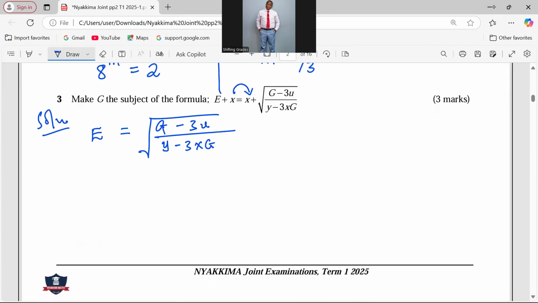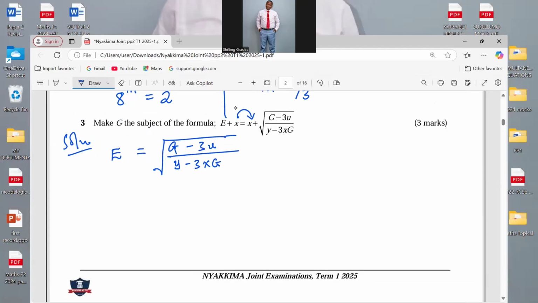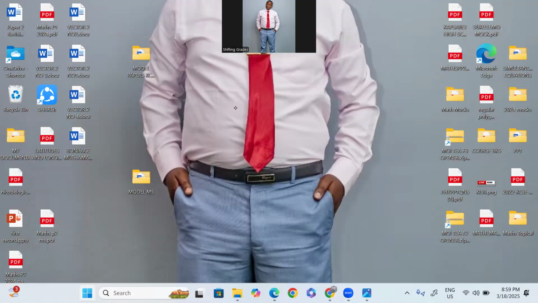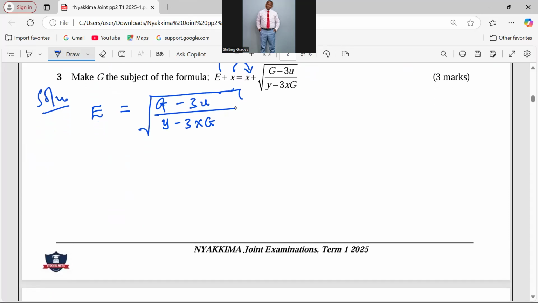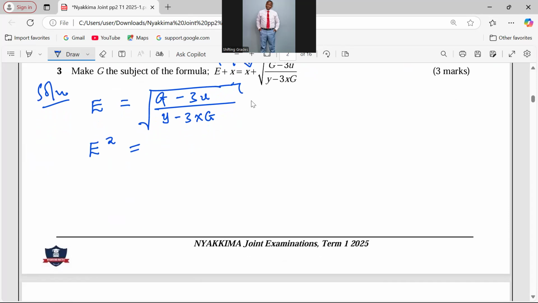At this point now, allow me to just square both sides. When I square both sides, now letter E will become squared. Then this side now, I will have the square root sign disappearing. So G minus 3U out of y minus 3xg.